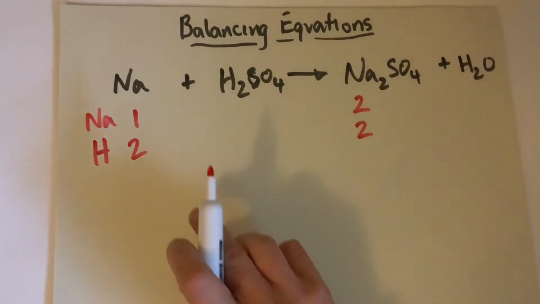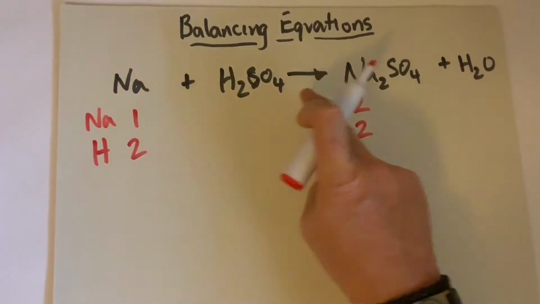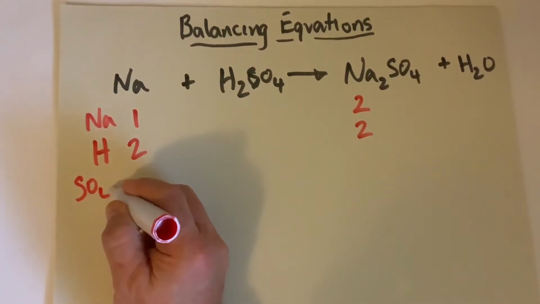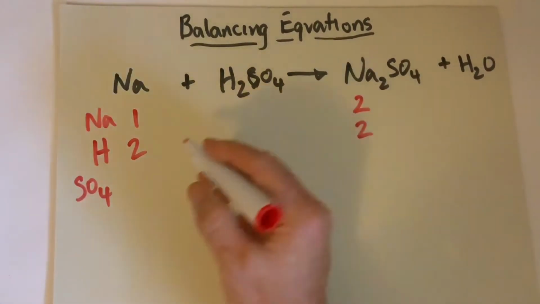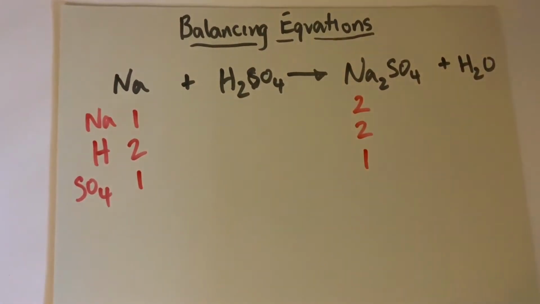Okay. SO4s. Because it's one unit and it's the same on both sides, we can keep that as one unit. So we have one SO4 on this side and one SO4 on this side. What we need to do is get a second sodium on this side, and the way we do that is add more sodium.